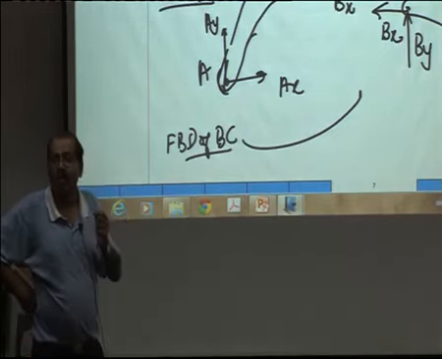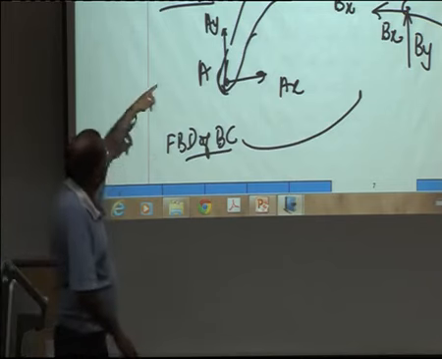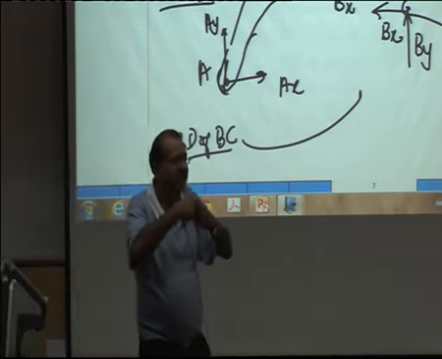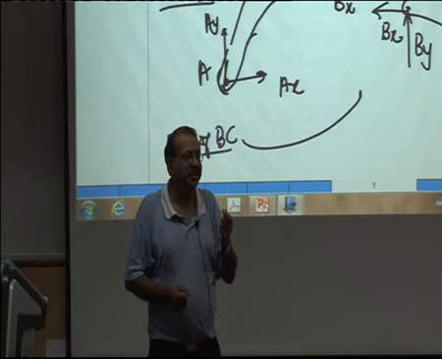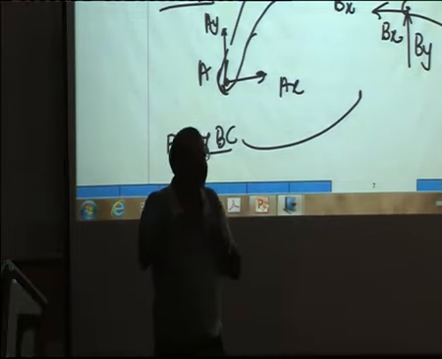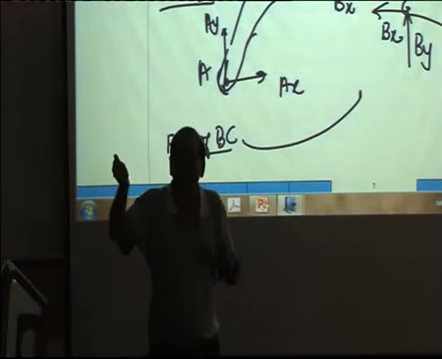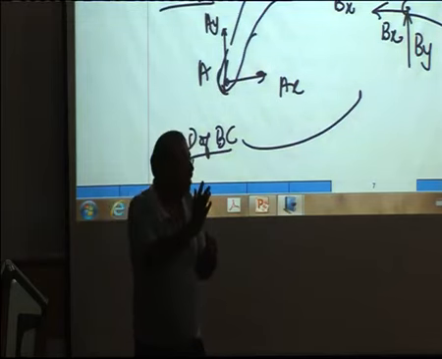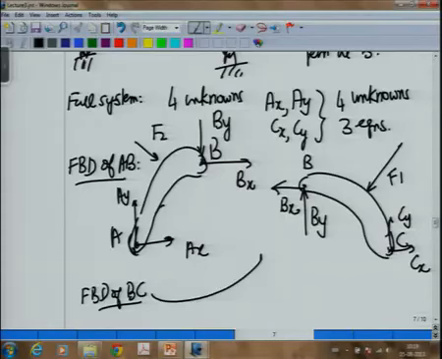The answer is no. Why? Because here the joint at B is a very special joint. It is a pin joint. That means it is allowing you one extra equation because it is not providing an unknown moment. Suppose if I cut the body somewhere here, then I will also get a moment along with a force.